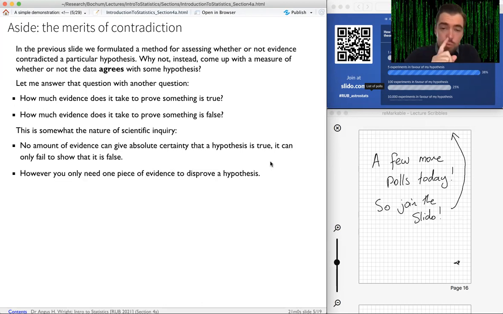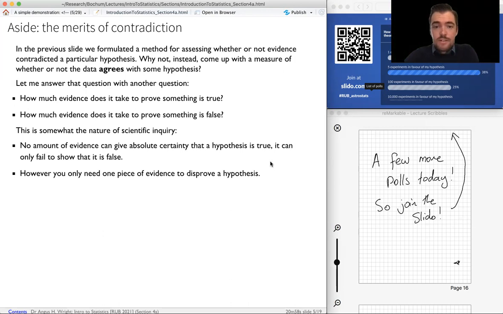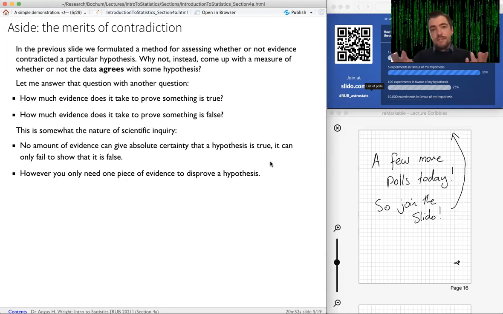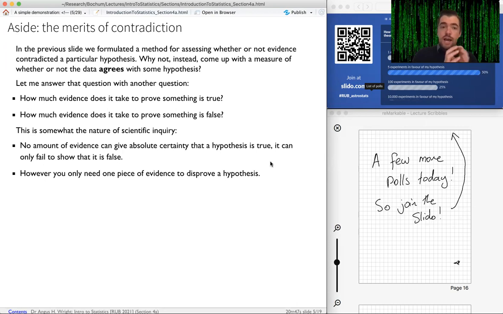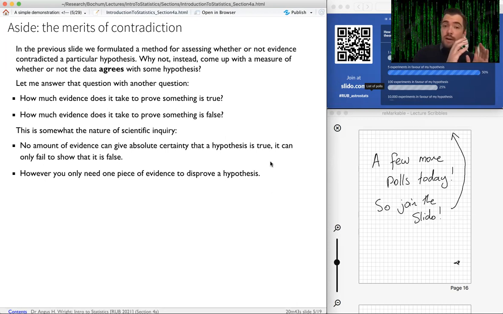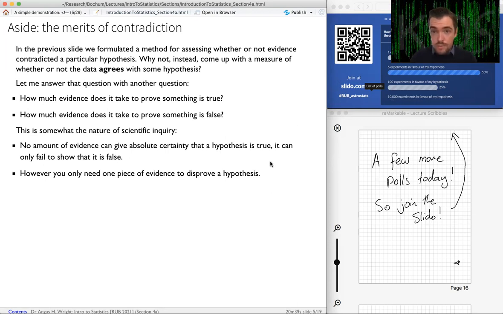However, it only takes one piece of evidence to disprove a hypothesis, right? And because of that disparity, it makes sense for us to focus on whether or not a hypothesis contradicts the data rather than whether or not it agrees with the data.